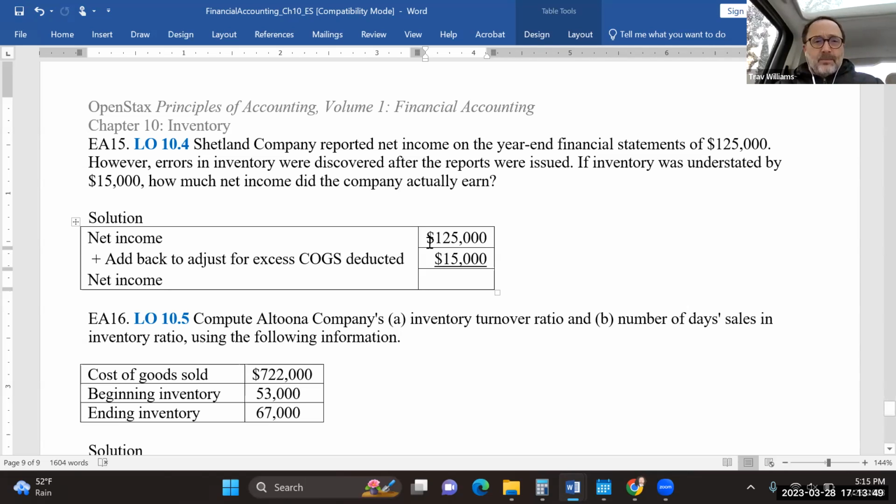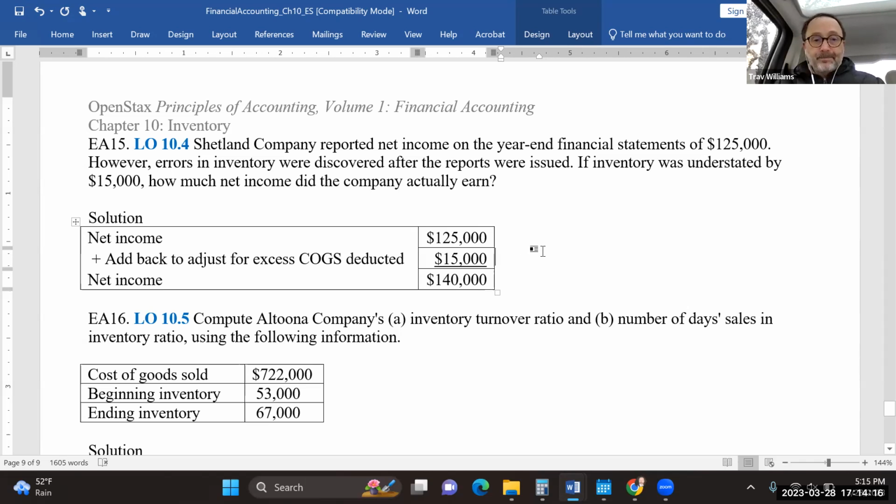So I know it gets confusing, but in other words, to correct our net income, if the inventory had been understated, we have to fix it by increasing inventory, which also increases net income. Okay. So we end up with a corrected net income of 140,000.